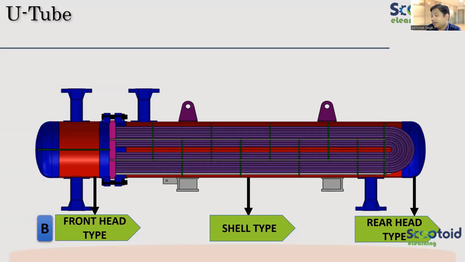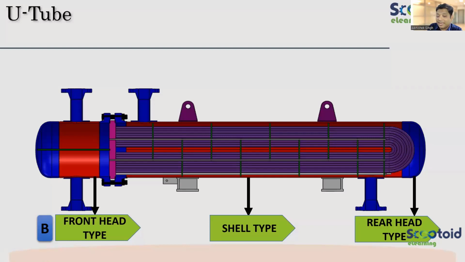If you see U tubes, then definitely the rear end will become U. So front head A, B, C, and N. Is that what we discussed? If it had been C type, then what will happen? How can I say it's C type? When will my front head be C type?